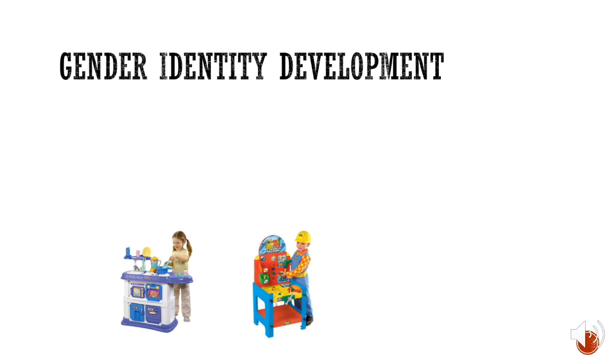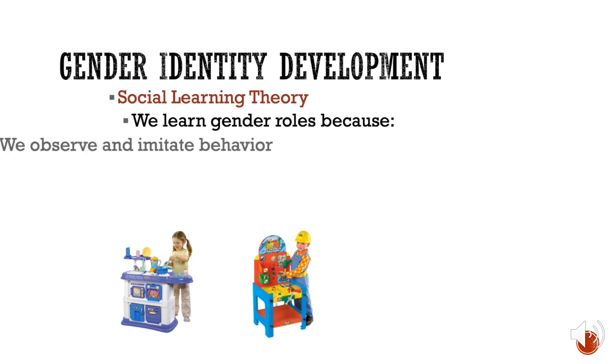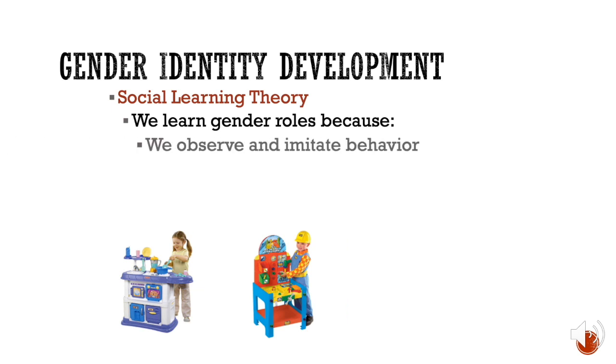So, how does gender identity develop? One of the ways that we explain gender identity development is through social learning theory. Social learning theory says that we learn gender roles because we observe the behavior of other people and then we imitate it. Also, it says that we are rewarded and punished for that.